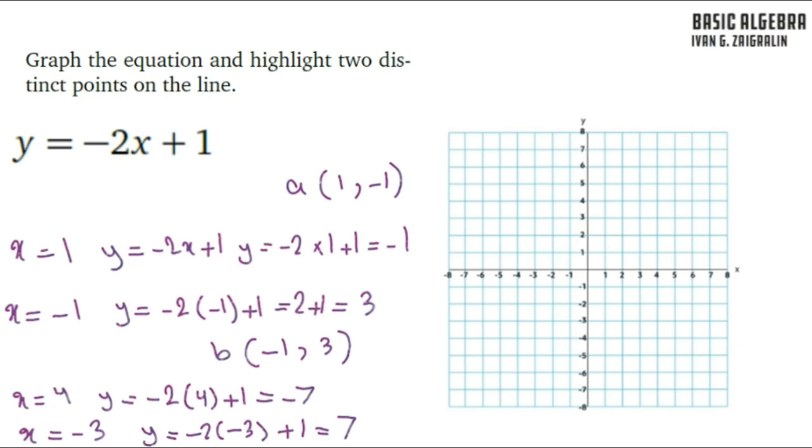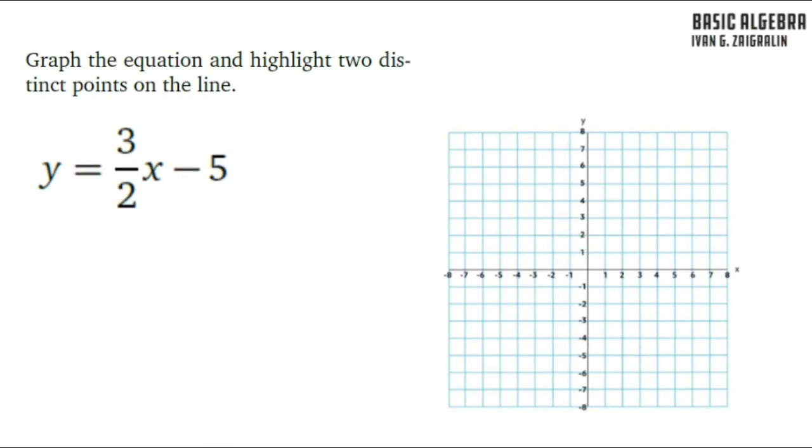On the graph, the point A, 1 and -1 is here, A. B, -1 and 3 is here, B. And other points, 4 and -7 is here, and -3 and 7. And this is the graph for this equation.